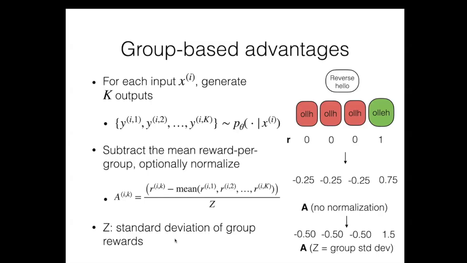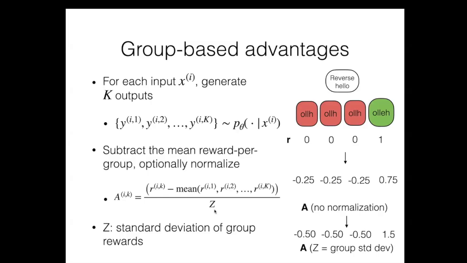Again, this is getting into the details, but if you do look at some more recent papers related to these algorithms that are being used, people will play around with things like exactly how you normalize the rewards. So some people have even tried dropping the normalization.